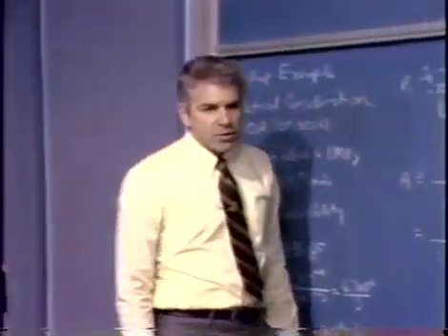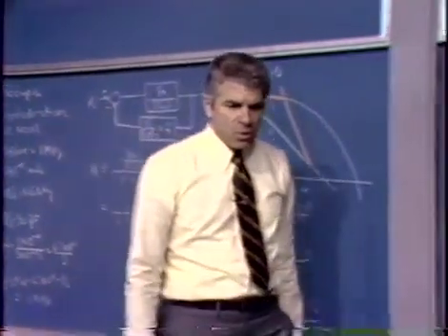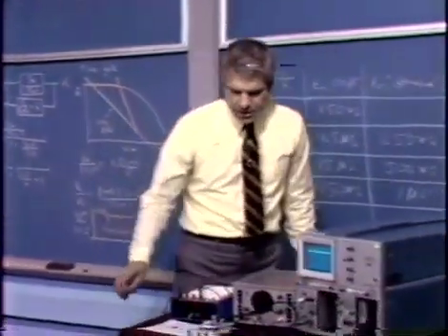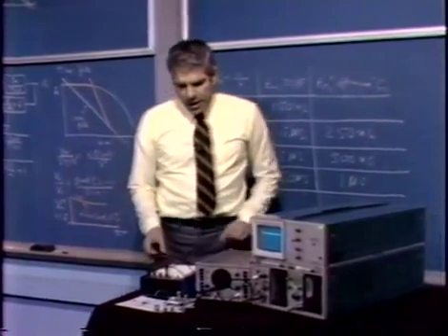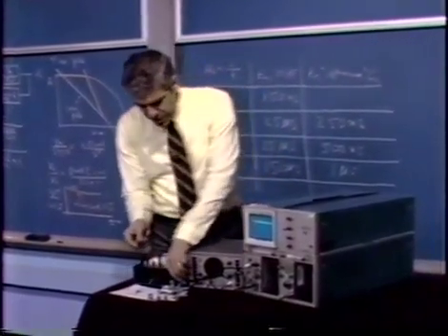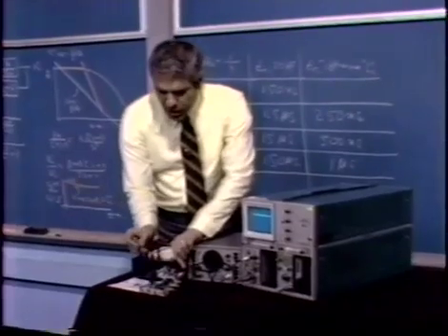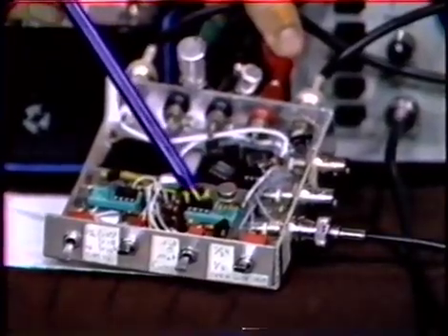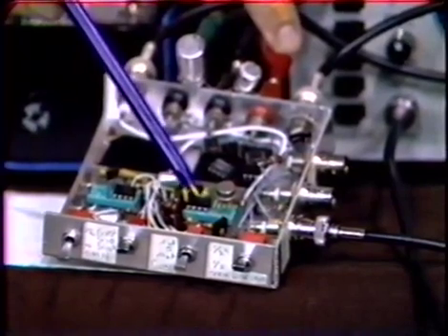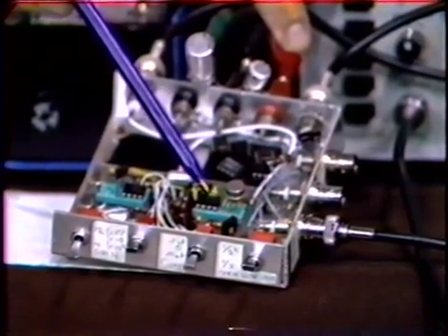Again, I'd like to look at the results of using 1 over s squared compensation. Here we have another portion of our system, where we have the amplifier that allows us to look at 1 over s squared compensation.